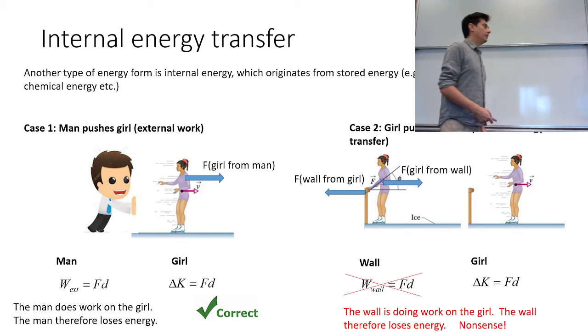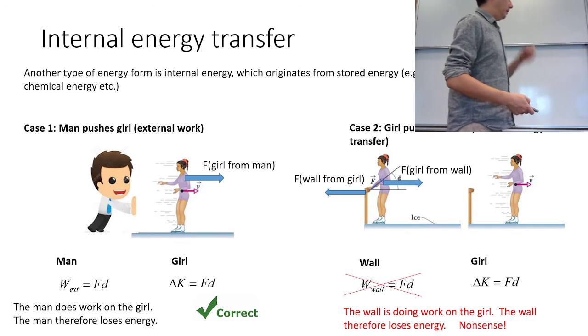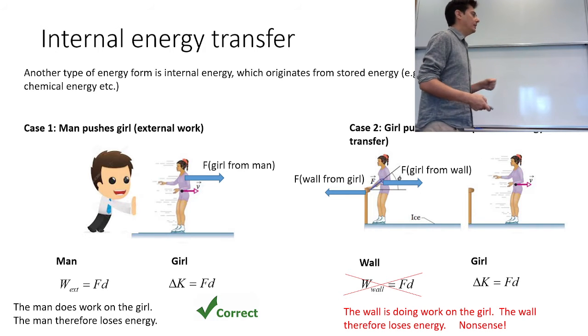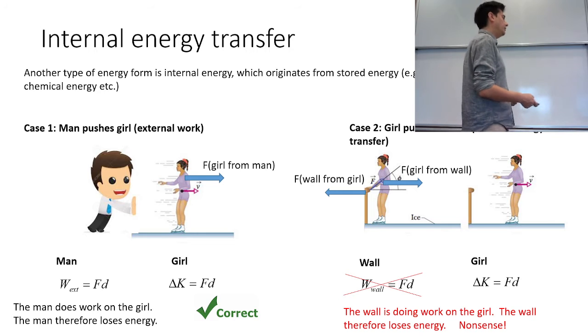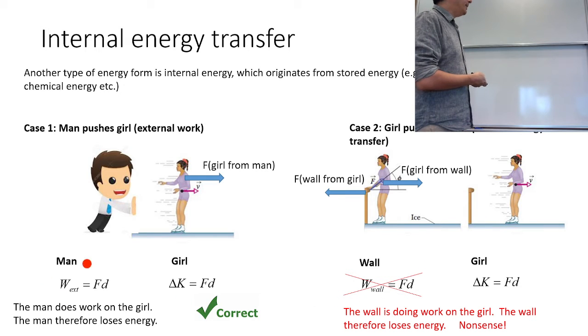So far it looks like we've just replaced the guy with the wall. But then if we do the same kind of analysis, we get something that looks like nonsense. Instead of the man, it's the wall. We say the wall is doing force times distance, and the girl goes up by that kinetic energy.